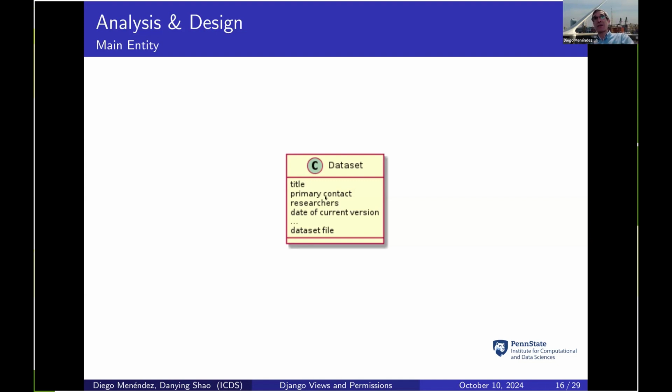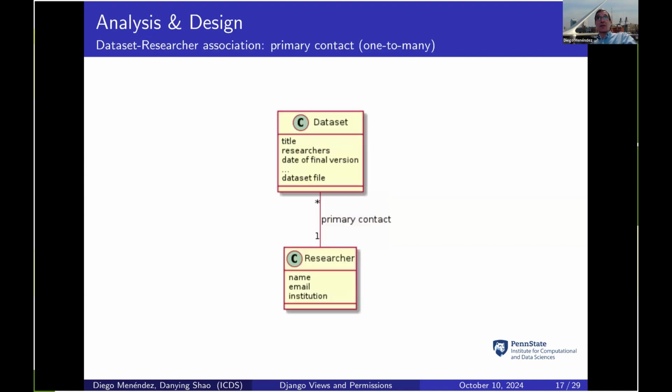But in the case of the primary contact, we can implement that attribute as a one-to-many association with the researcher class.